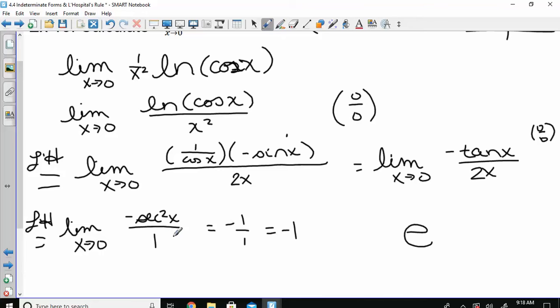That should be a 2x right there, so this should be a 2. So this should be negative 1/2. So our final answer is e to the negative 1/2. Is that okay? One more.